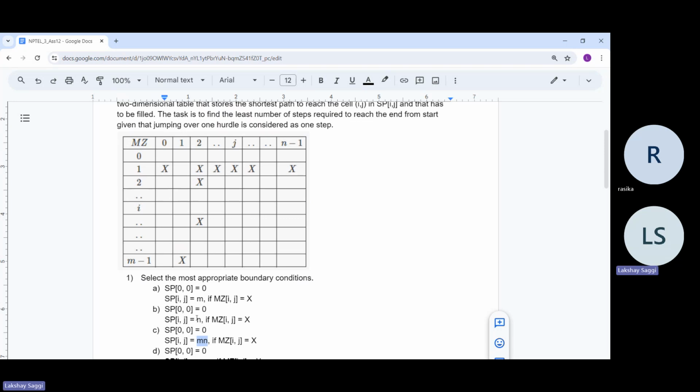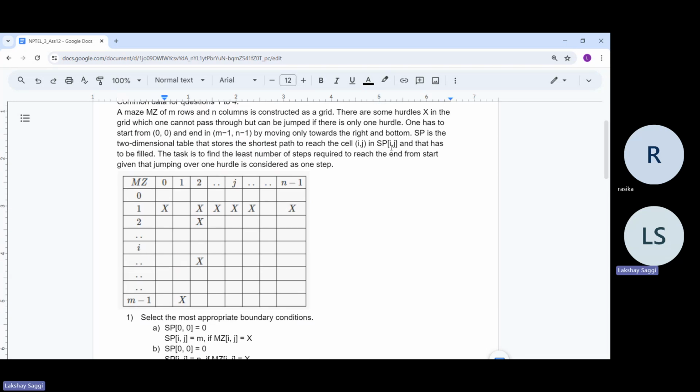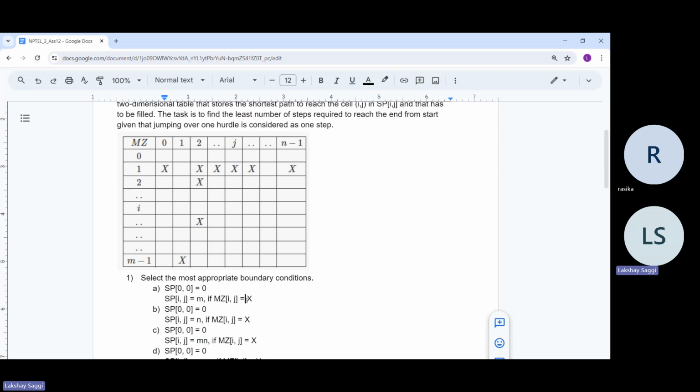So m times n will be larger than the maximum distance which is possible in the grid, which is m plus n minus 2. So the maximum possible distance is m plus n minus 2, and we know that mn is greater than m plus n, right? So this value will always be greater than all the distance entries, all the SP[i][j] entries in this table, for the non-crossed cells.